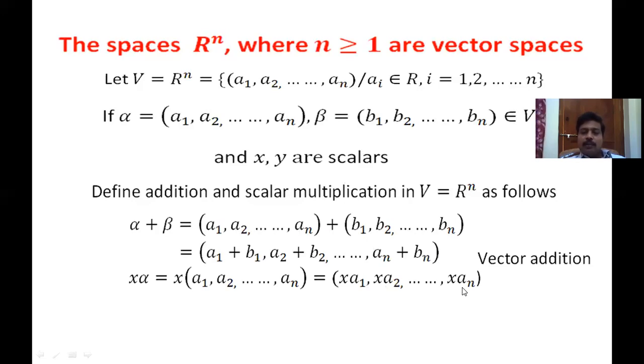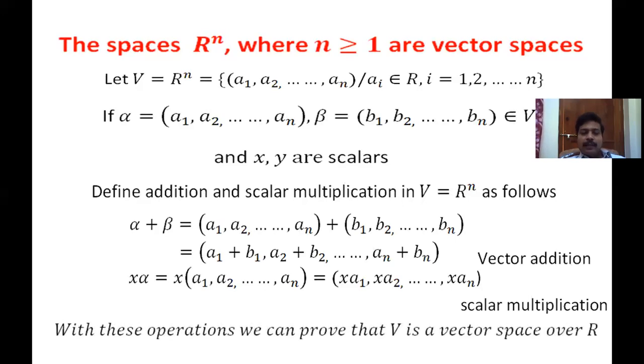This can also be seen in matrix multiplication with a scalar. If you multiply c with the matrix, you will get c in each element. So this is scalar multiplication. With these two operations, we are going to show that Rn is a vector space. To show that Rn is a vector space, we need to prove all the 10 axioms.